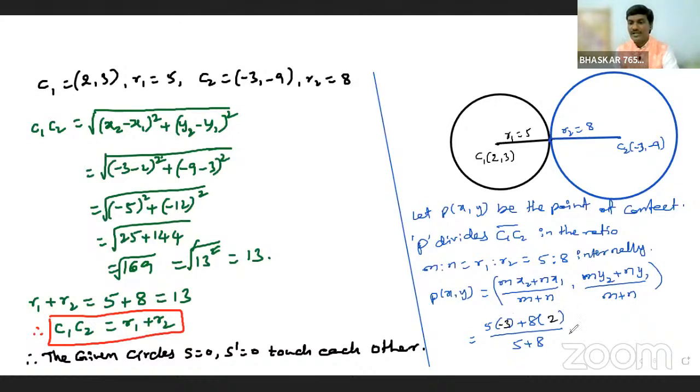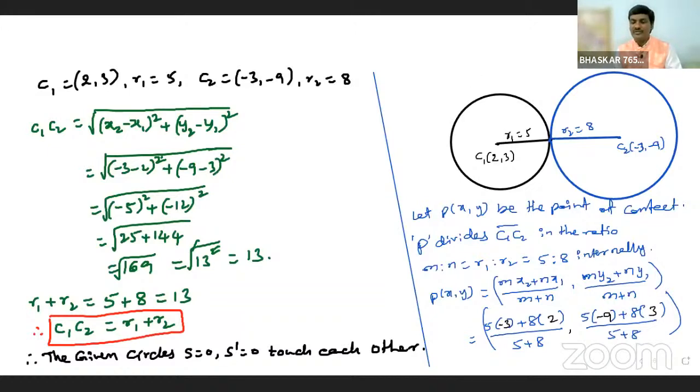Then 5 into y2 plus 8 into y1 divided by 5 plus 8 again. Here y2 and y1 are -9 and plus 3.